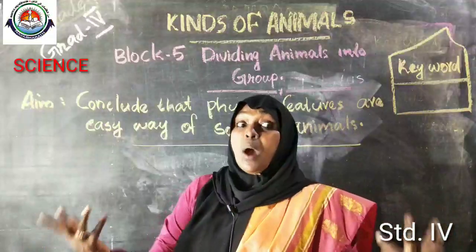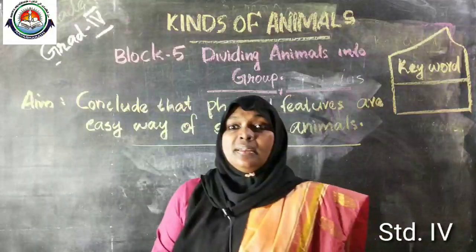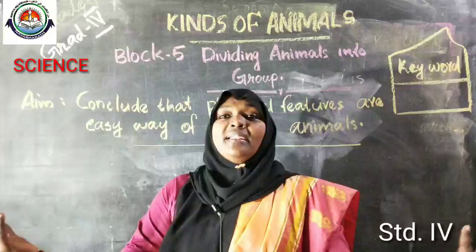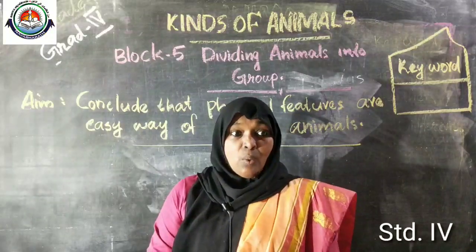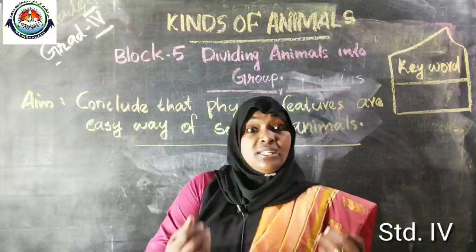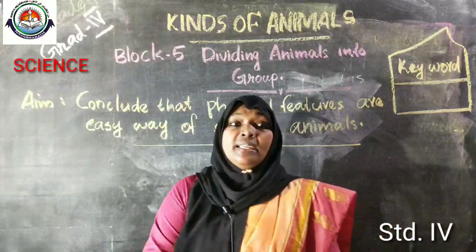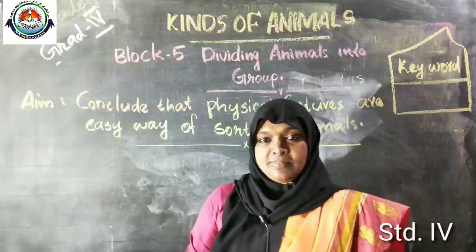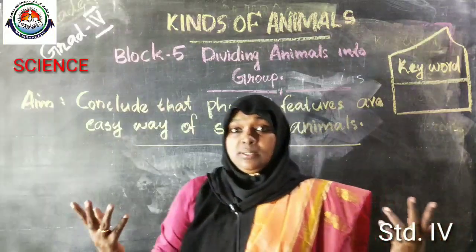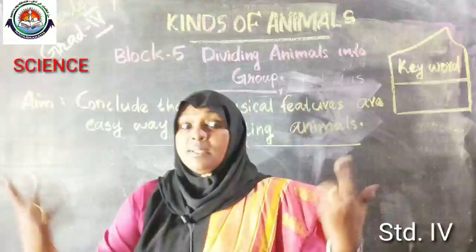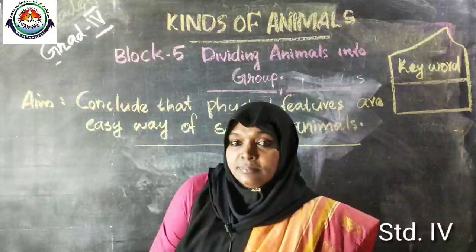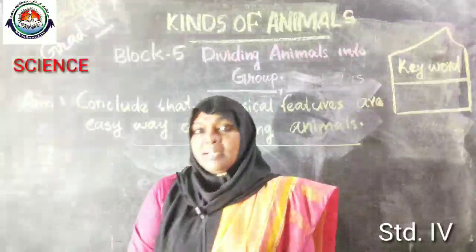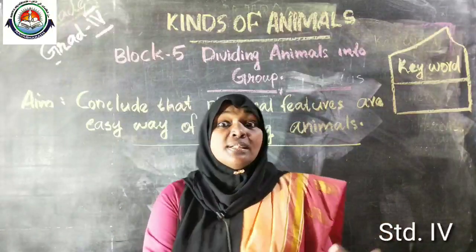They differ widely in where they live, how they live and what they eat. All animals eat different things. They live in different places and they look different. Then my next question, how are they similar? They are similar because they all move in search of food.